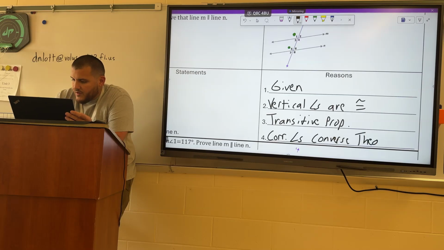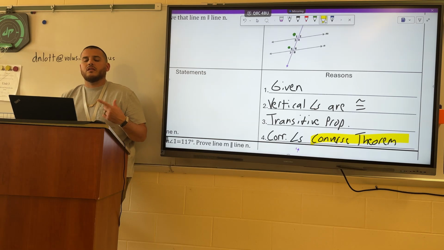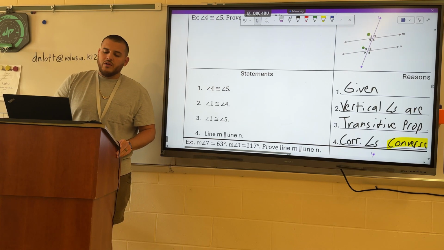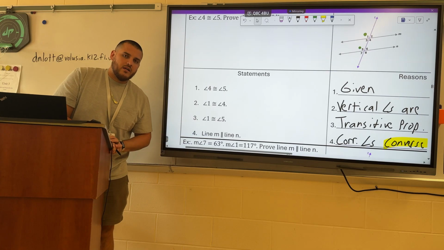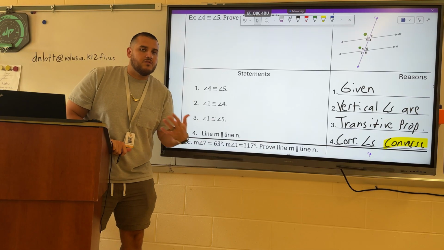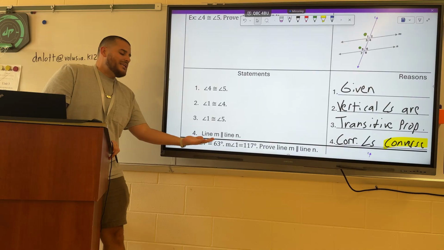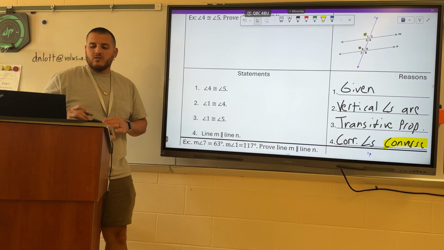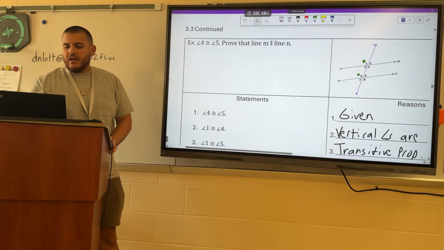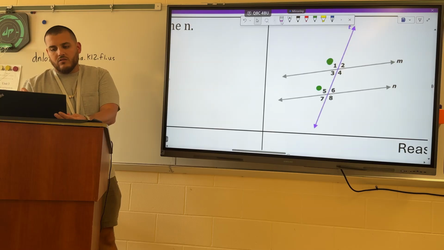All right, so most important thing here in this proof is that our converse theorems are going to be the things that we use to prove that lines are parallel, and we'll always use that most recent angle pair to do this. Now, one of the things that can be a little confusing, maybe some people say is frustrating about proofs, is that we didn't really need to get to the corresponding angles here because the information that was given us at the start, angles 4 and 5, hopefully you notice here, are alternate interior angles.